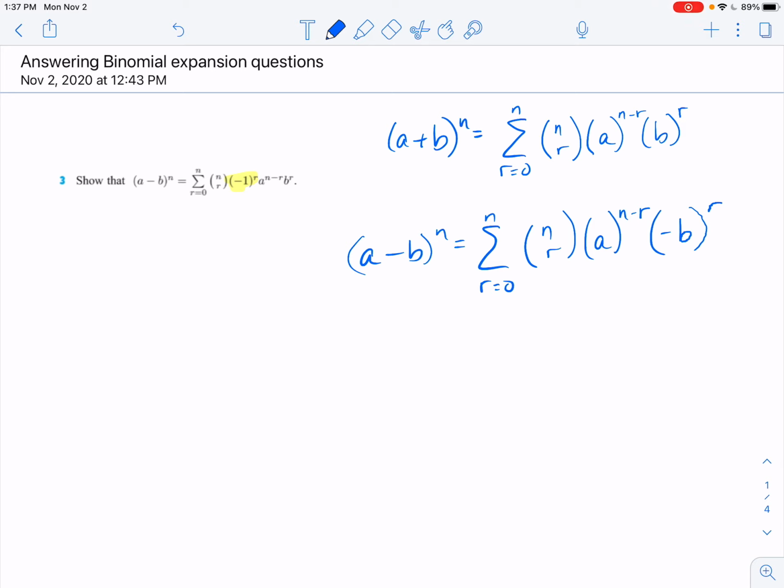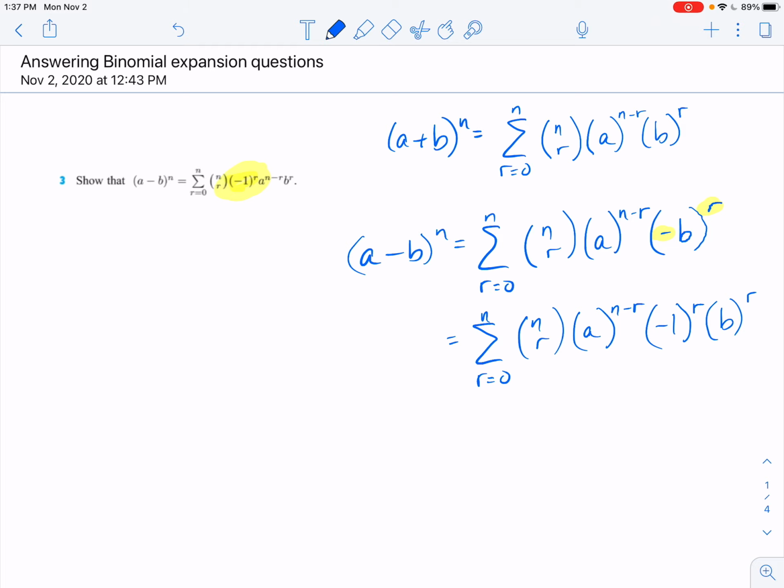So what happens here is that we have a -1 that's raised to the r, and then a b that's raised to the r. They just reordered that, and I don't know if they want any more than that. It's just being aware that that -1 is getting raised to the r, and that's what shows up here.